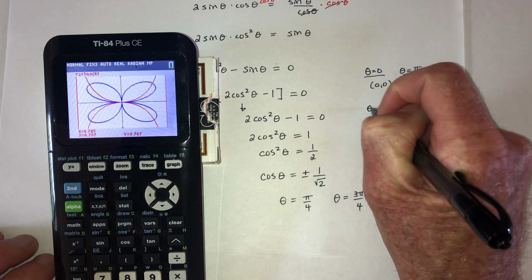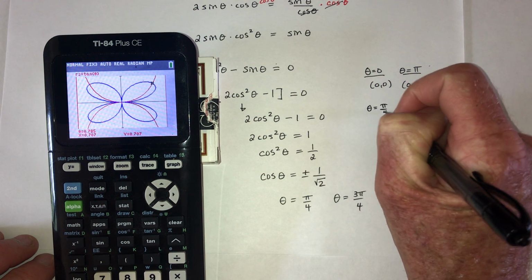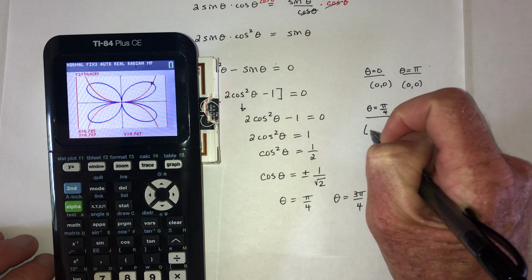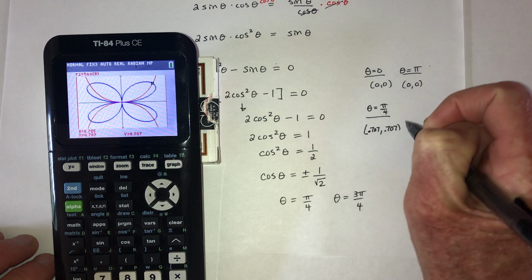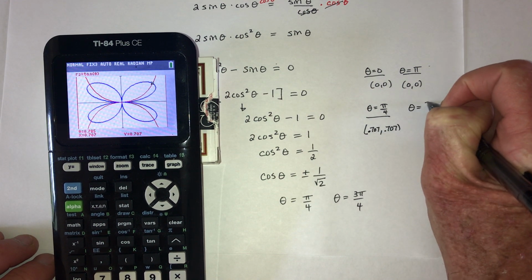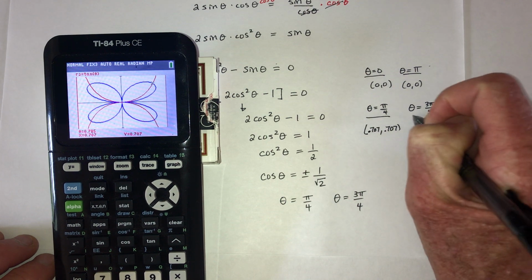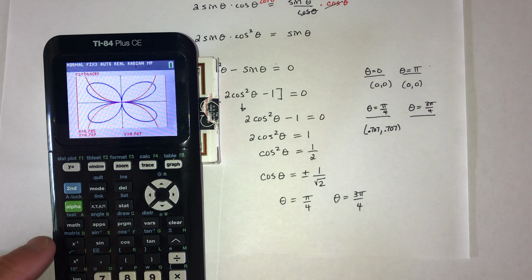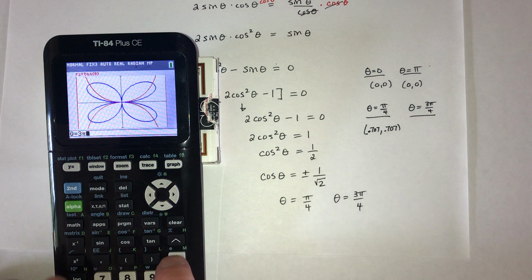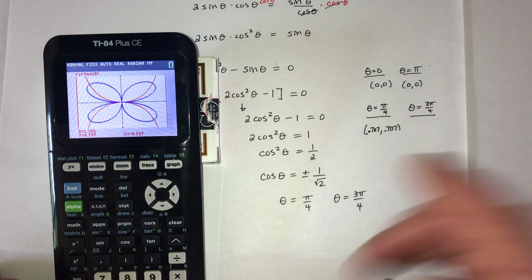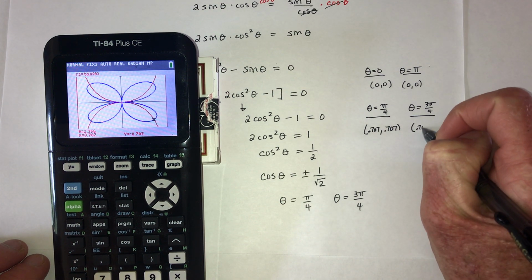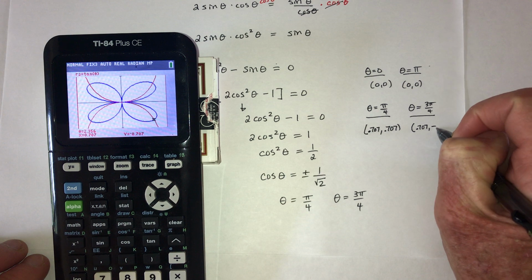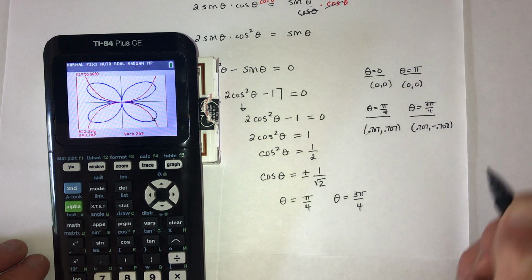So we get theta equals pi over 4, and then that would be 0.707, 0.707. What about 3/4 of pi? So 3 pi divided by 4. So that looks correct. So that would be when x is 0.707 and y is negative 0.707.